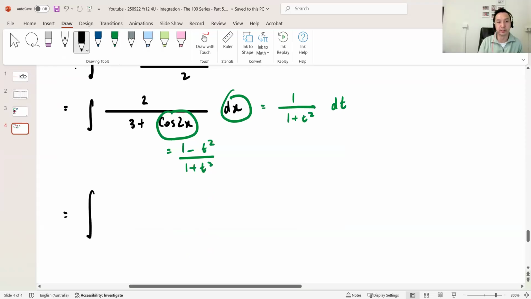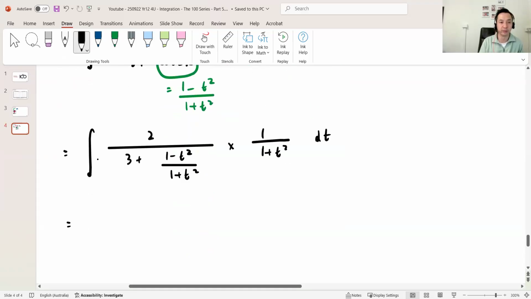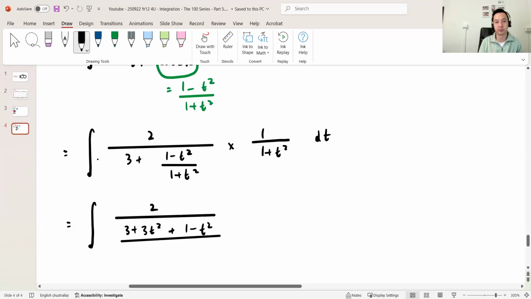Then you get 2, another set of common denominator required expressions, 1 plus t squared dt. Common denominator that. So you get 2 all over 3 plus 3t squared plus 1 minus t squared all over 1 plus t squared.